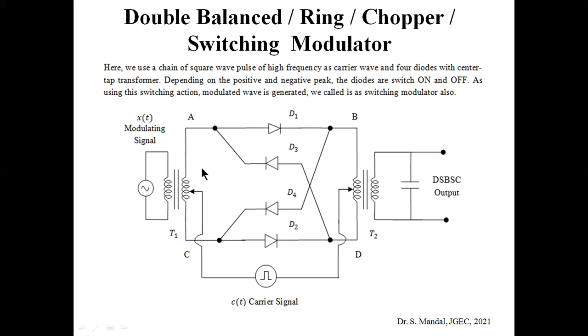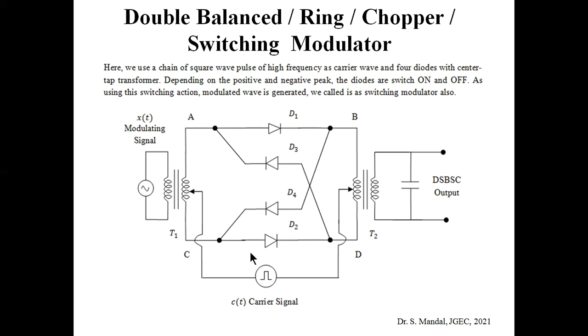Okay. Now let's observe the circuit of the double balance modulator or ring modulator. So here we use two center tap transformers at the input end and output end also. It is interesting to note that here we don't use a sinusoidal carrier, but a pulse of high frequency carrier, or rectangular signal, or clock signal, or square wave.